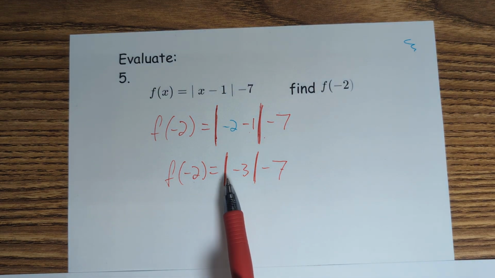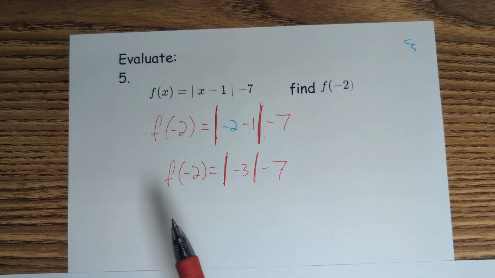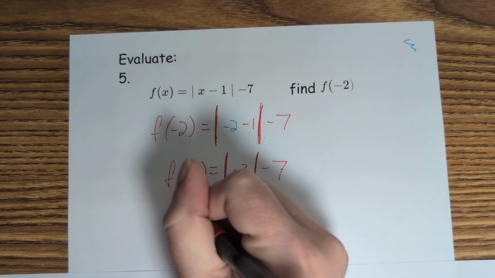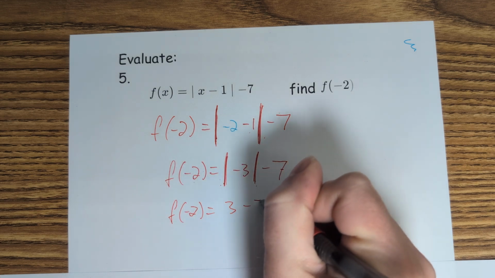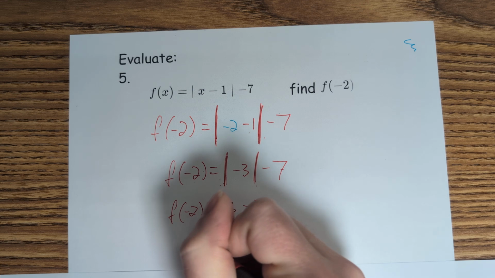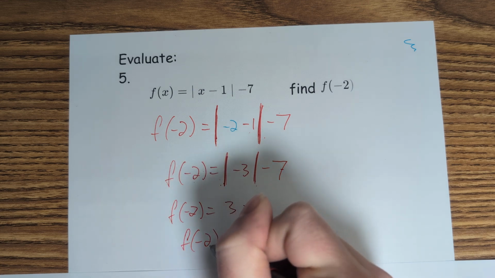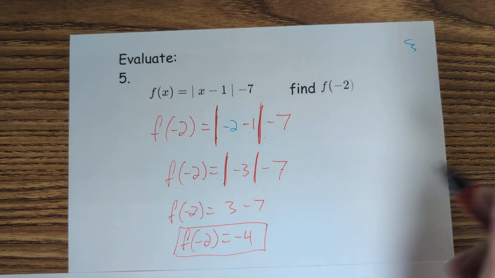What's going on here is, if you recall, absolute value symbols take whatever's inside and measure the distance from 0. It turns it positive. So this is f of -2 equals +3 minus 7. Bit different than -3 minus 7, right? And my final answer would be f of -2 equals 3 minus 7, which is -4.